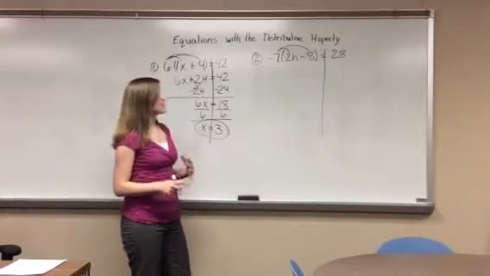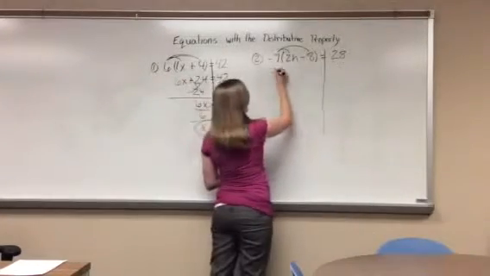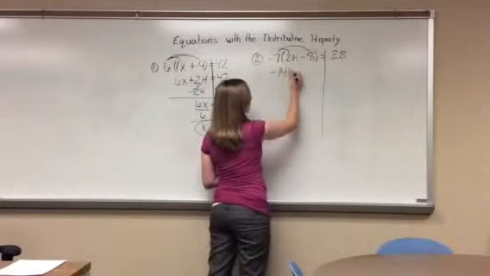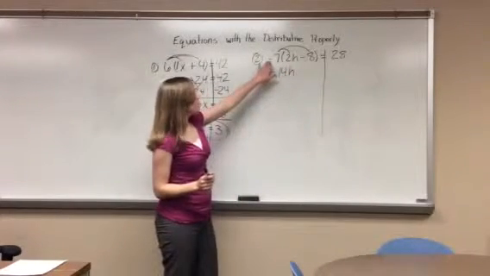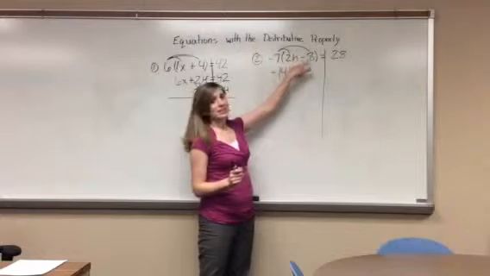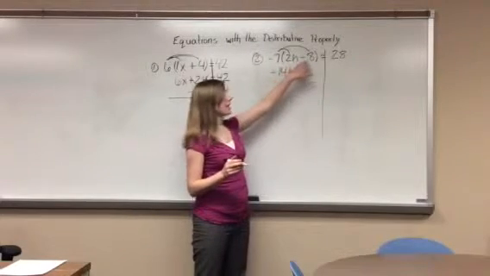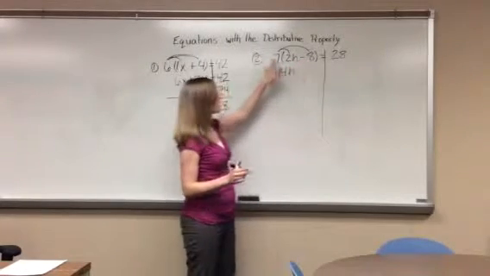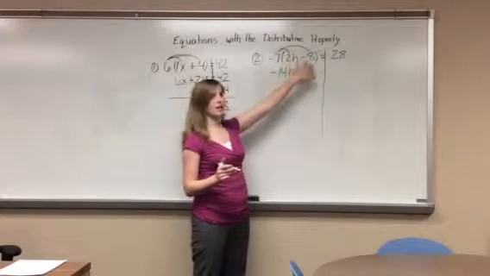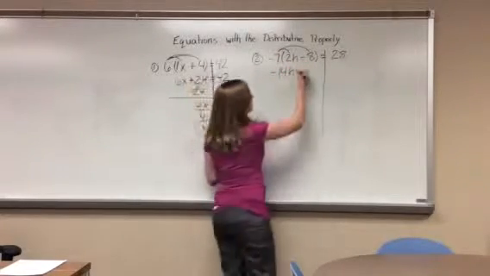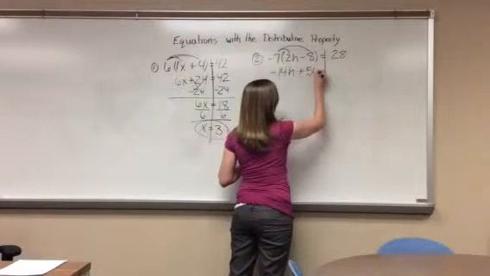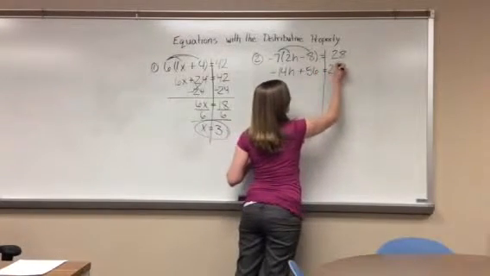So negative 7 times 2h is negative 14h. And then we need to multiply negative 7 times the minus 8. Don't forget the subtraction sign. That goes along with the 8. So this is like negative 7 times negative 8, which is a positive 56, equals positive 28.